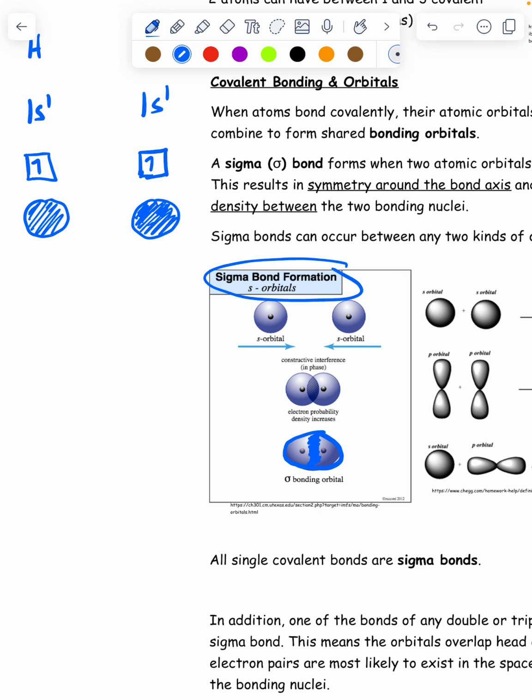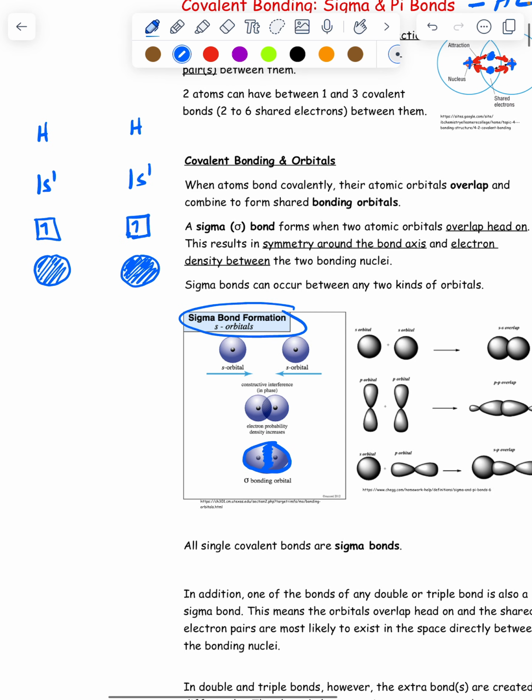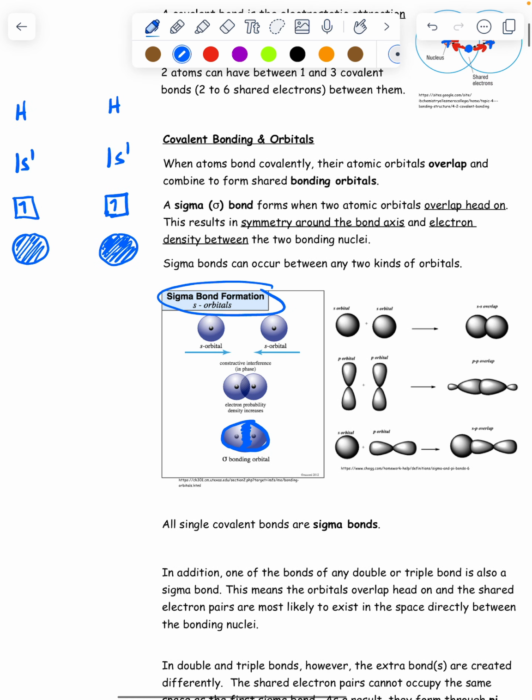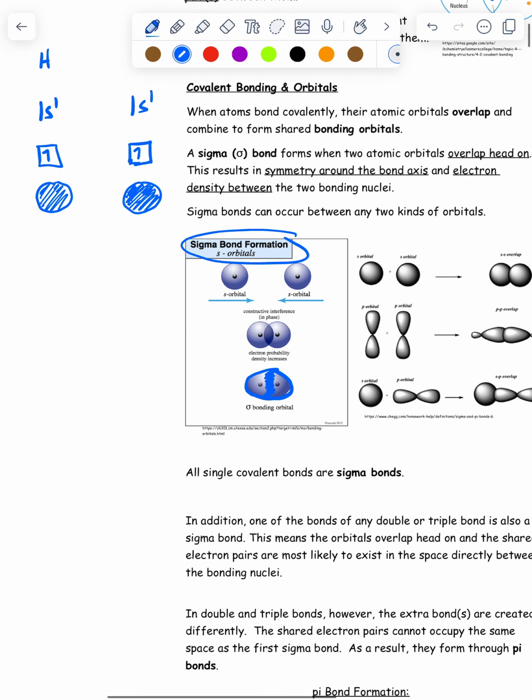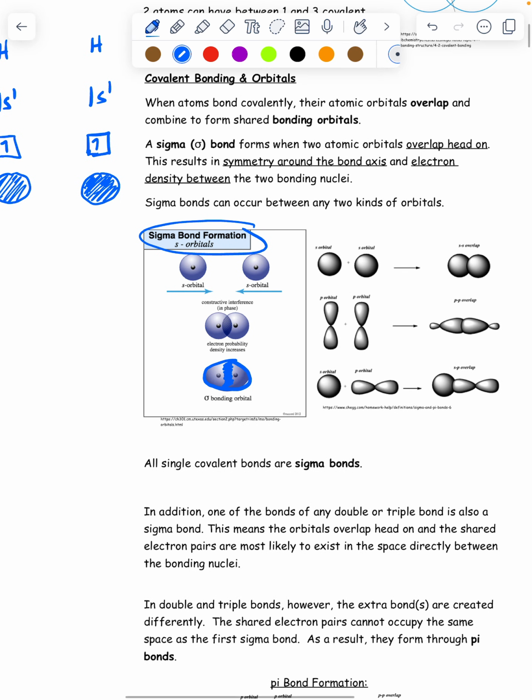What we need to know for the IB is that when we have covalent bonding, we're going to have atomic orbitals overlapping to create new kinds of orbitals that we call bonding orbitals. And so the simplest kind is the sigma bond. The sigma bond involves two orbitals. They can be any kind of orbital. When they simply merge and overlap in a head-on way, so that's one way you'll see it described on the exam or on a mark scheme, it's head-on overlap.